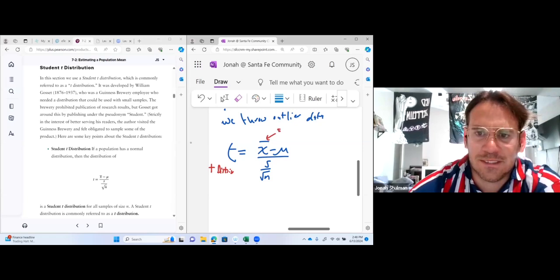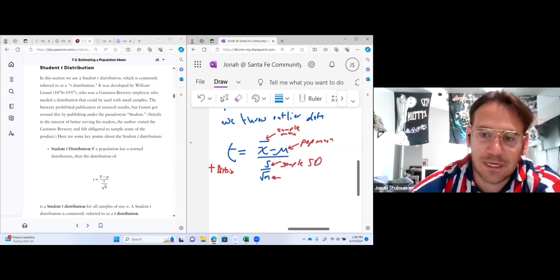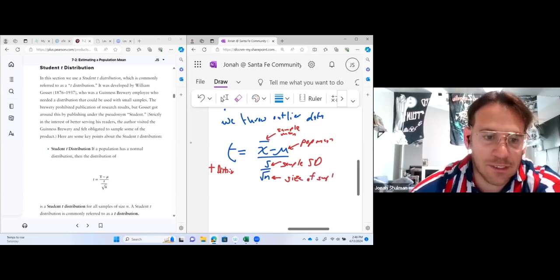This is our sample mean. This one is our population mean. This is our sample standard deviation. And this is N, the size of the sample. So all that stuff we need.